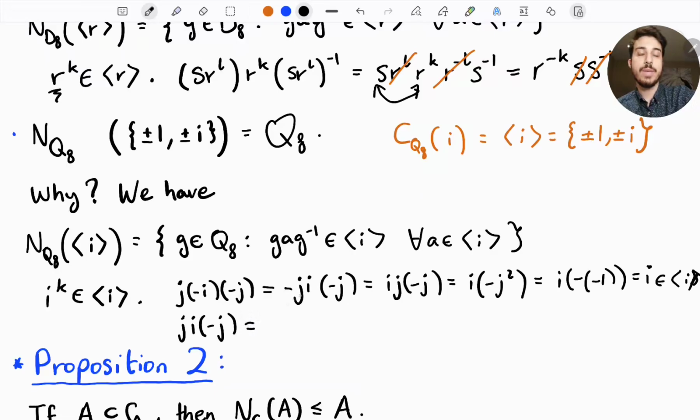So the good news is we already land in the subgroup generated by I. And for the other case, we have that J I^3 J^-1 is equal to minus I J times minus J, of course.